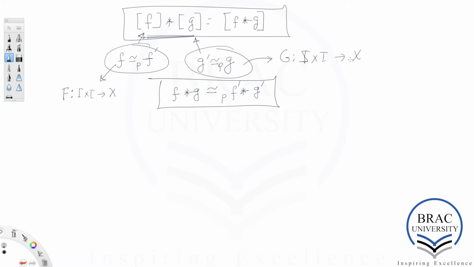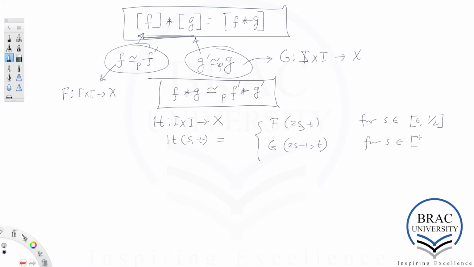Okay, now we define our function H from I cross I to X in the following way. H(s, t) is equal to F(2s, t) for s belonging to [0, 1/2], and this is equal to G(2s minus 1, t) when s belongs to [1/2, 1], this interval.